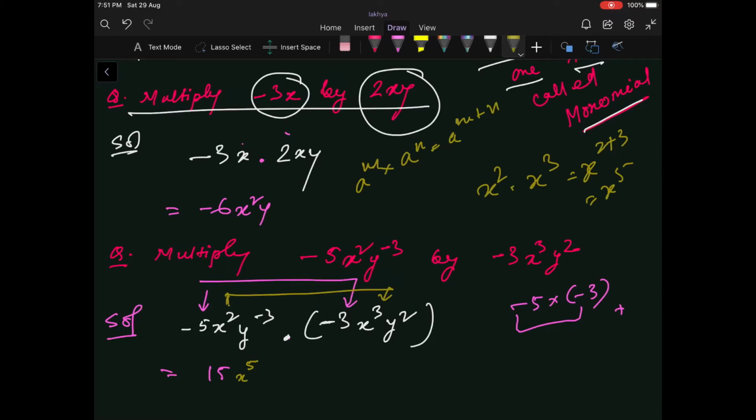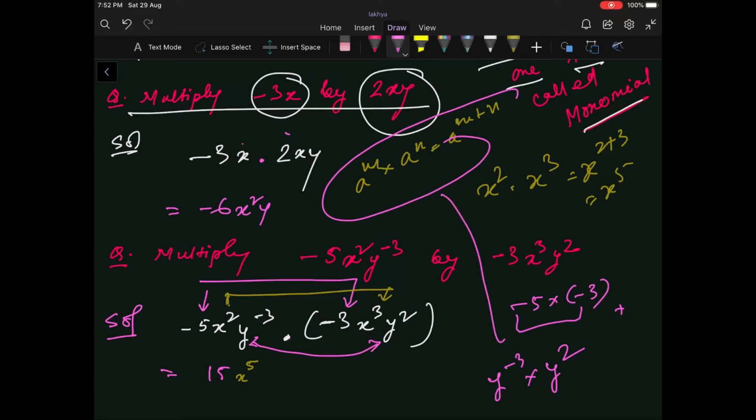Then you have to multiply y to the power minus 3 with y to the power 2. If you multiply these two, according to the law of index, you will get y to the power minus 3 plus 2.